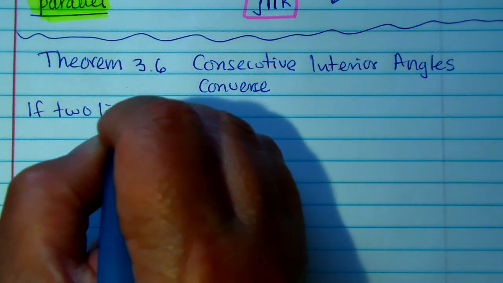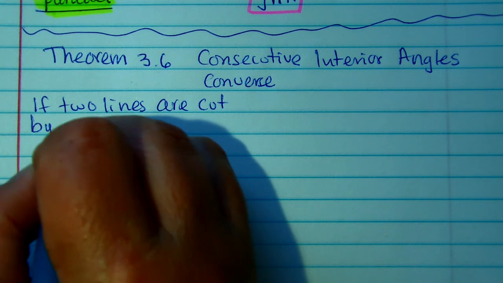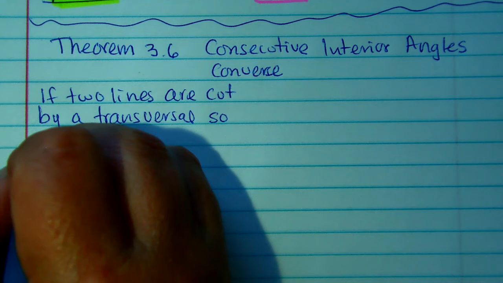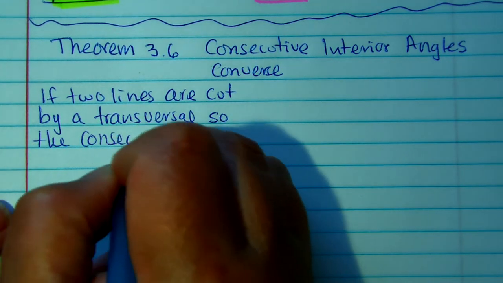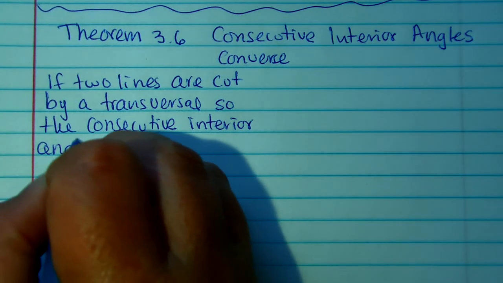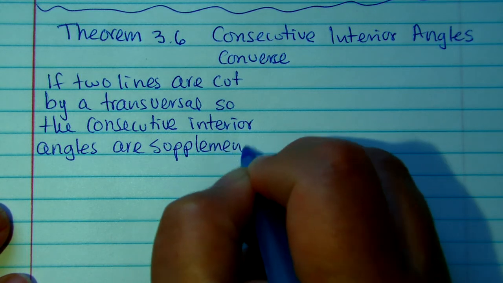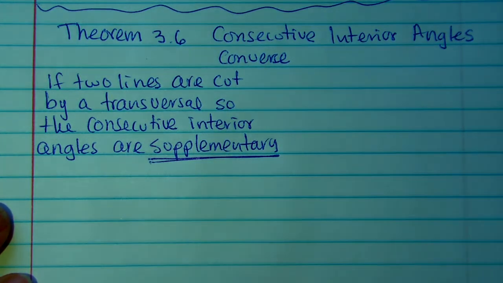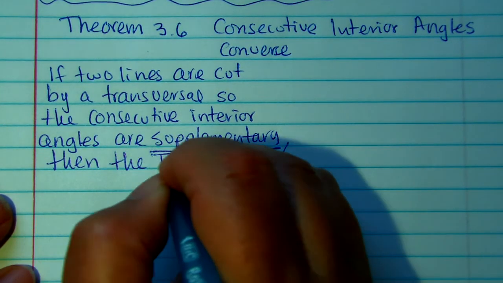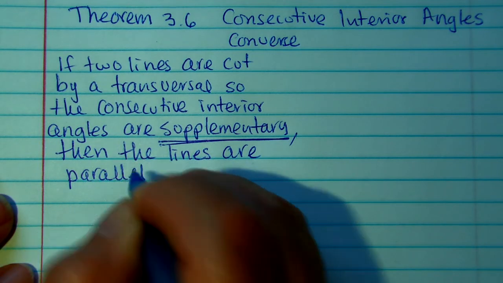If two lines are cut by a transversal, so the consecutive interior angles are supplementary, underline supplementary, then the lines are parallel. Okay.